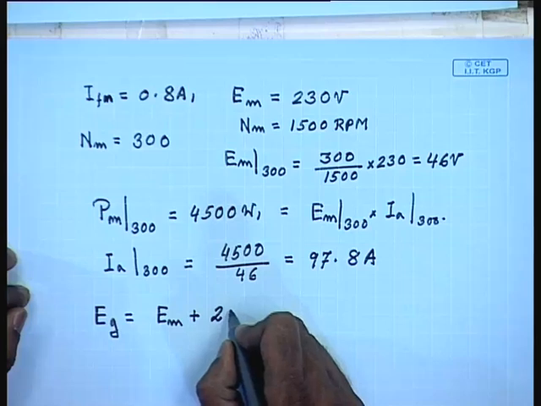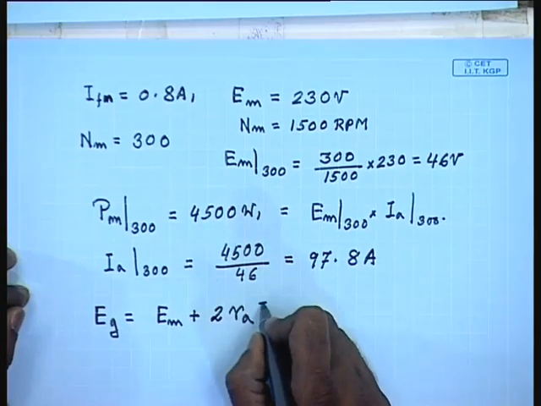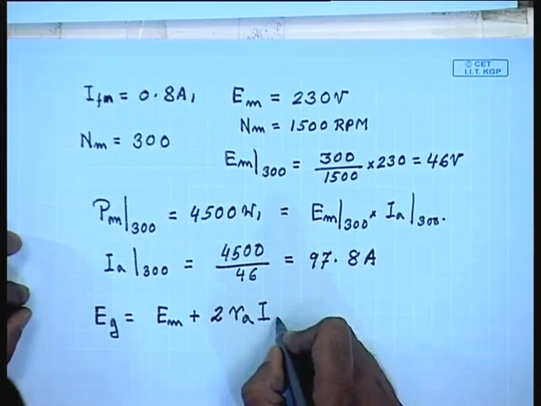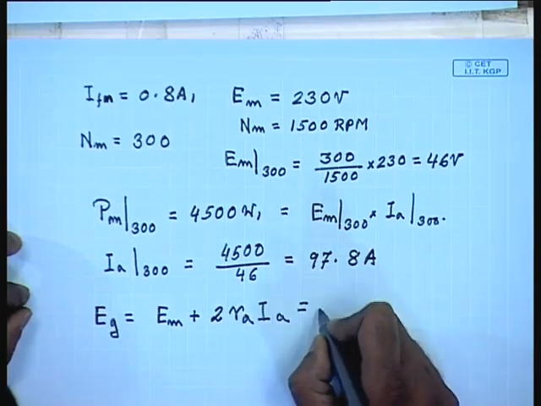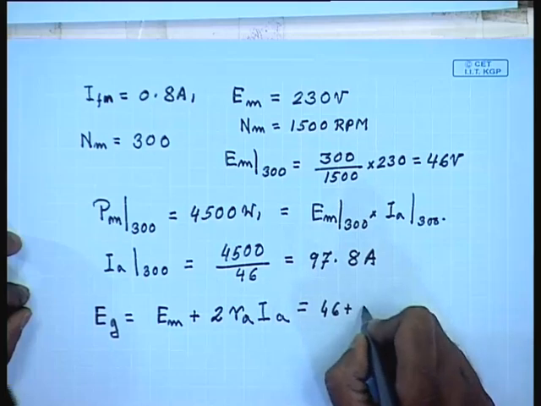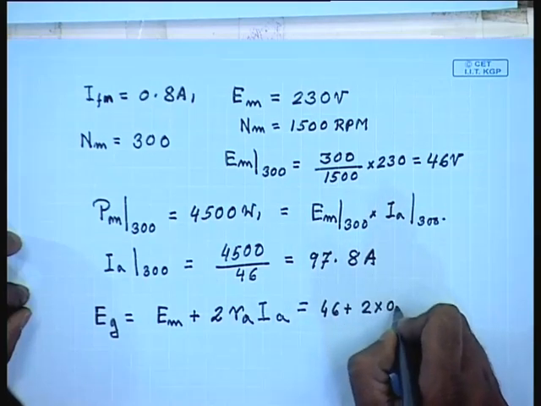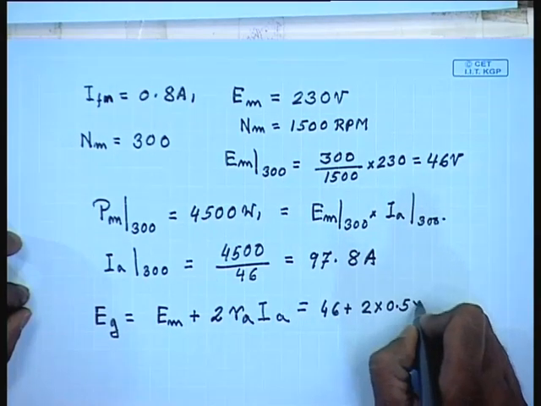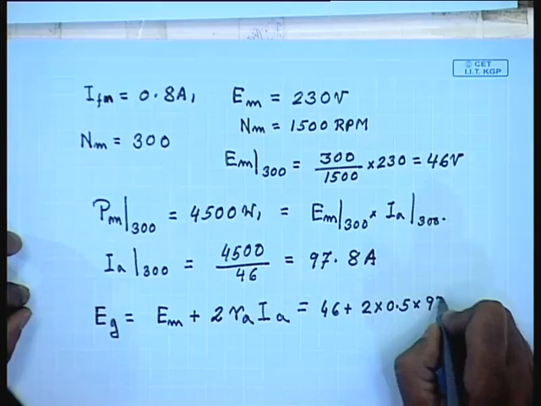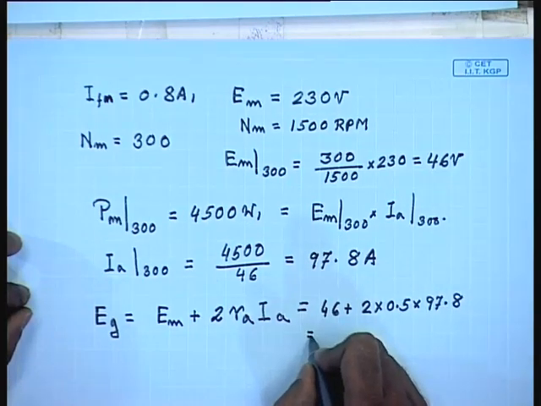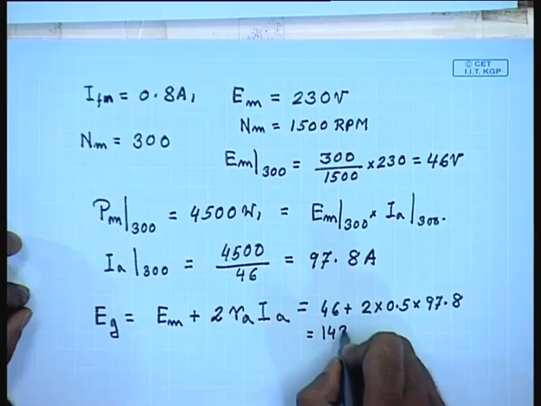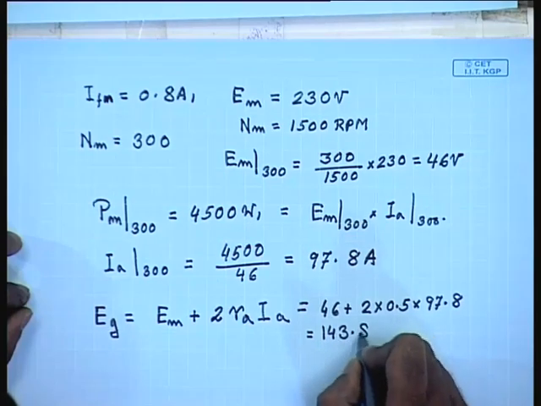So, 2 times Ra Ia, this comes to 46 plus 2 into 0.5 into 97.8, this gives about 143.8 volts.